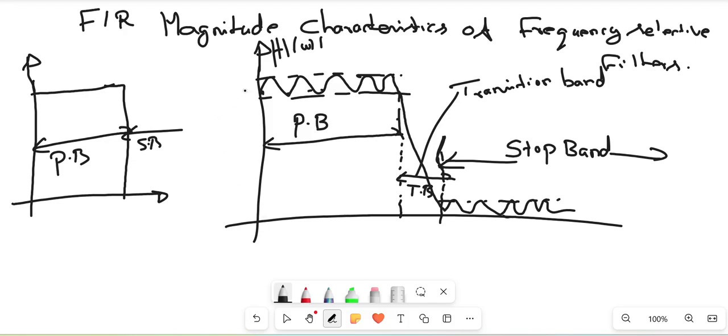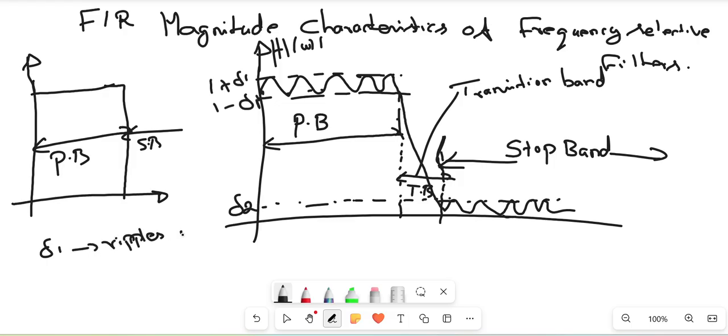So, there will be ripples in the pass band, 1 plus del 1 and 1 minus del 1, this is the ripples in the pass band. And this is the ripples in the stop band, del 2. So, del 1 is the ripples in the pass band, del 2 is the ripples in the stop band.